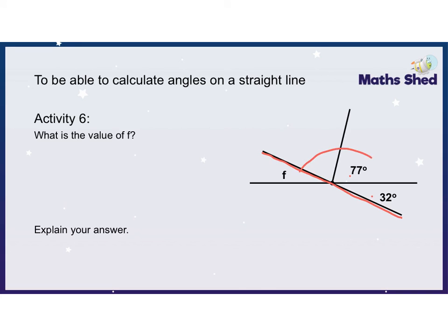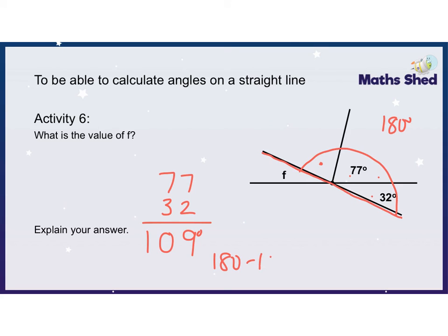Now I know, straight line here, that will add up to 180 degrees. So let's add 77 and 32. 77 and 32 is 109 degrees. So I know that this angle here is 180 minus 109, which is 71 degrees.